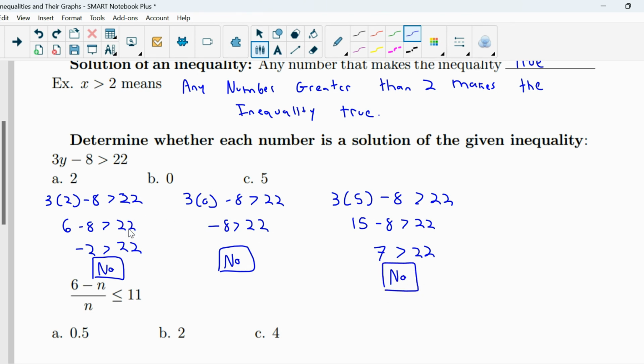The one thing you may be able to tell is as the value that we are substituting into our equation increases, the closer we are getting to a true inequality. So we can infer that if we substitute an even larger number than 5 into our inequality, we would start to get solutions.